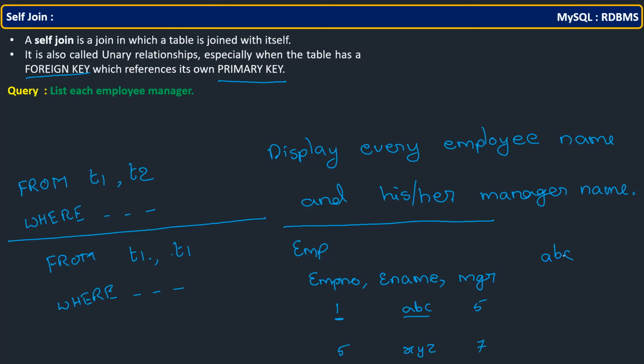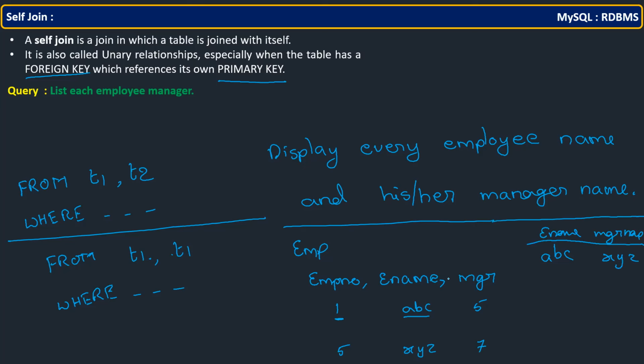I am not asking for his manager number, ID. I am asking for his manager name. So with 5, come here, his name is XYZ. In such a way we need the output: employee name and manager name.